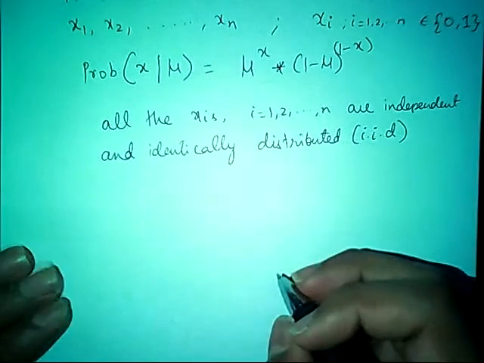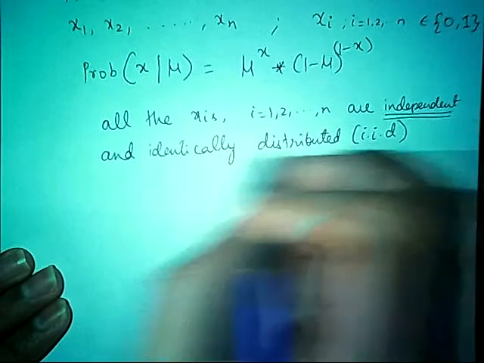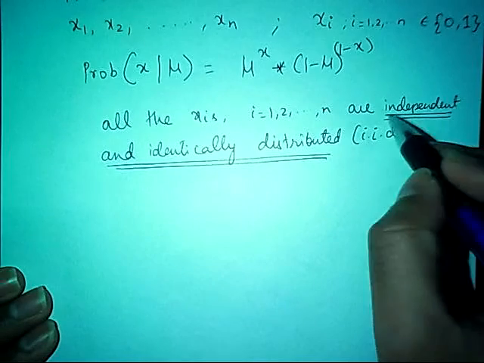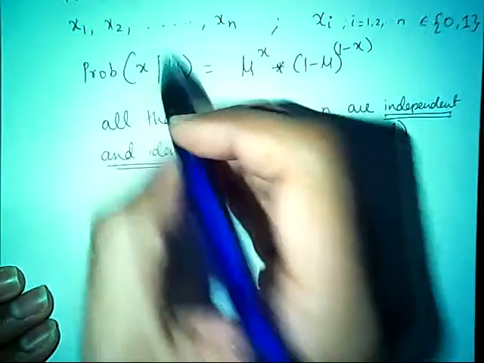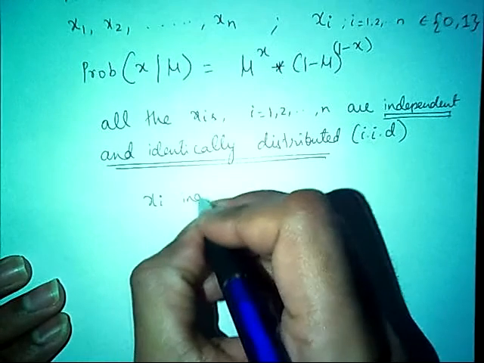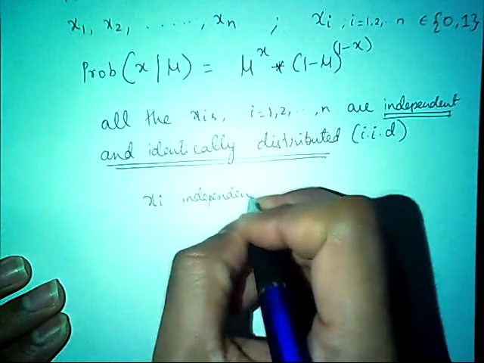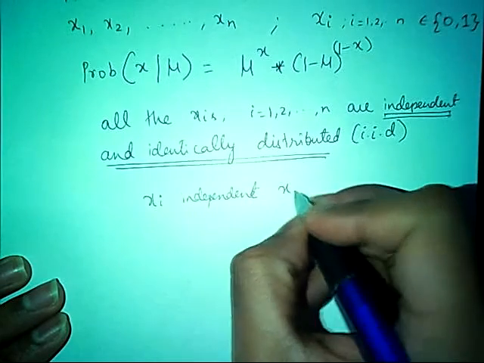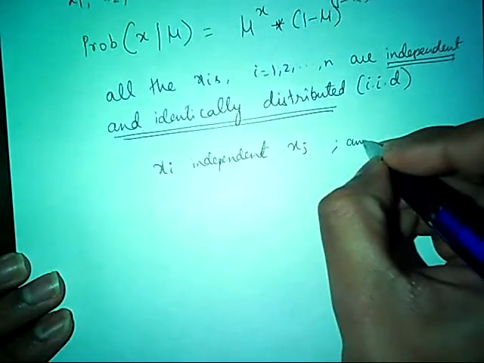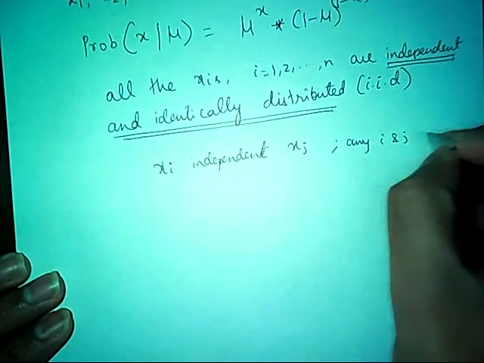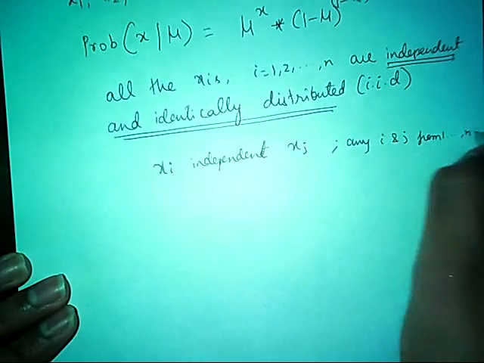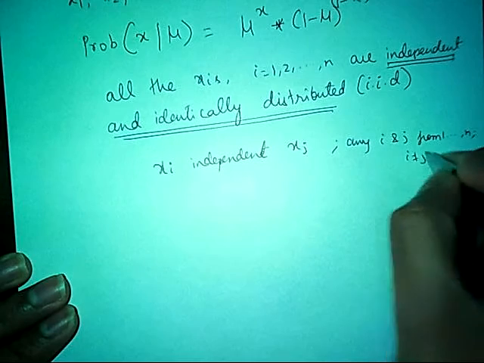What independent and identically distributed means is that when I say independent, it means that the outcome of xi is independent of the outcome xj for any i and j from 1 until n when i is not equal to j.